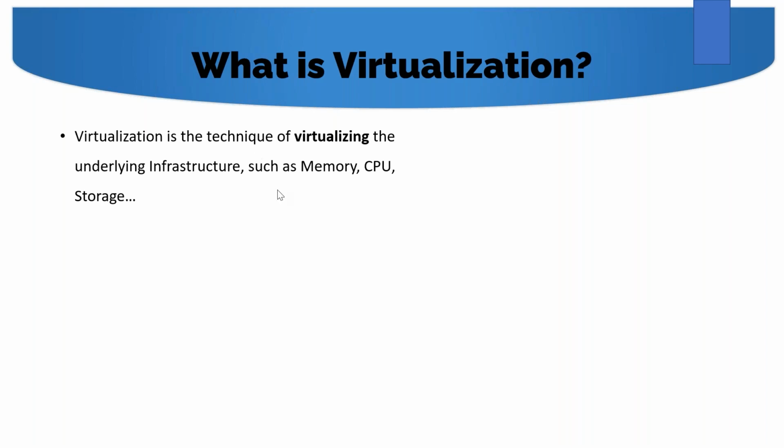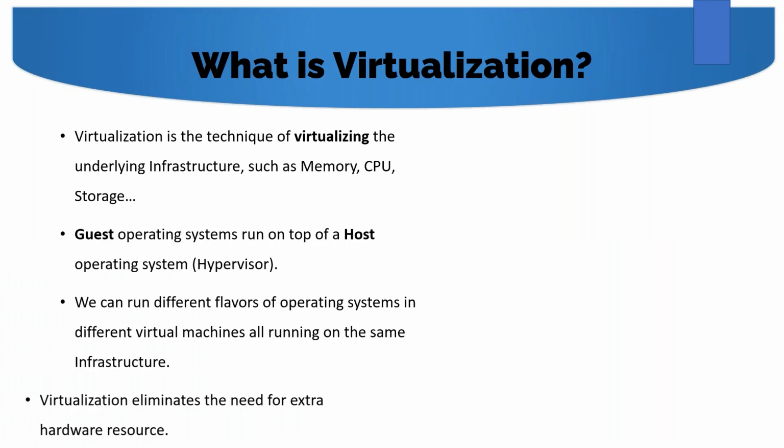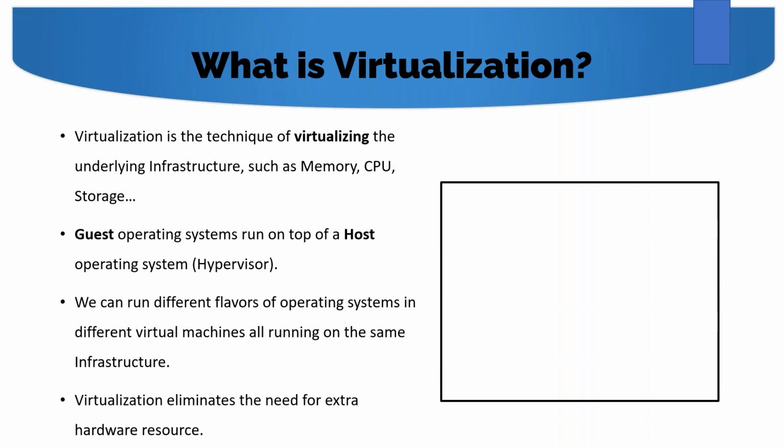Fine. So what is this virtualization? Already discussed, it's a technique of virtualizing the underlying infrastructure such as memory, CPU, and storage. And how does virtualization technology look? Let me show you that. With virtualization, we get started with hardware. We need this layer at any cost.